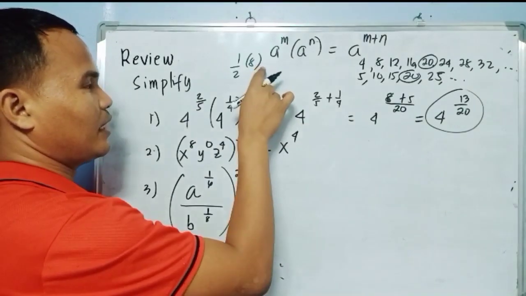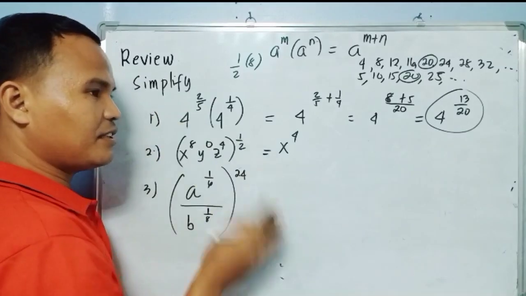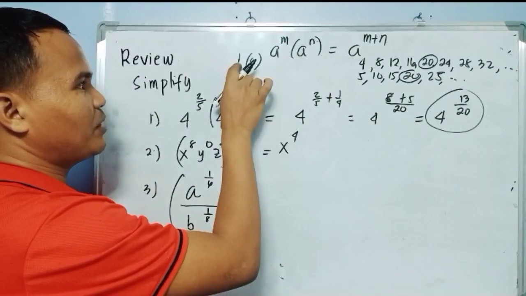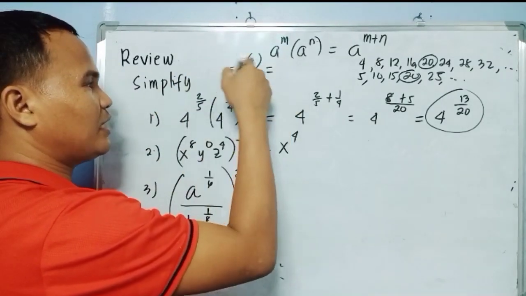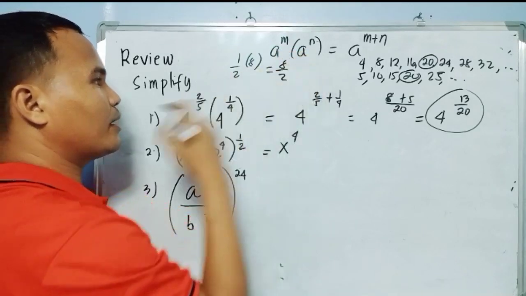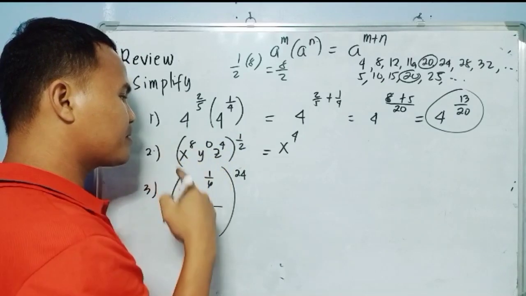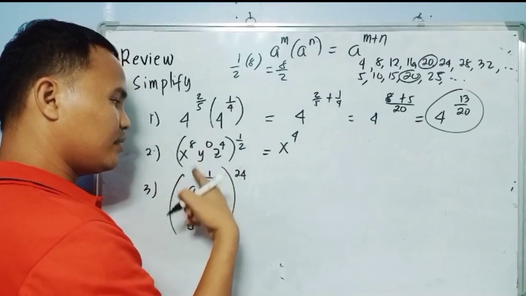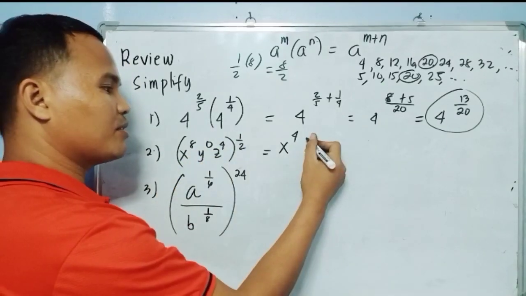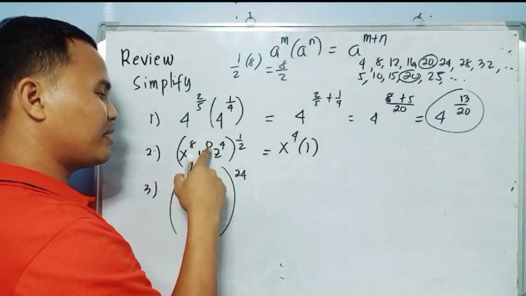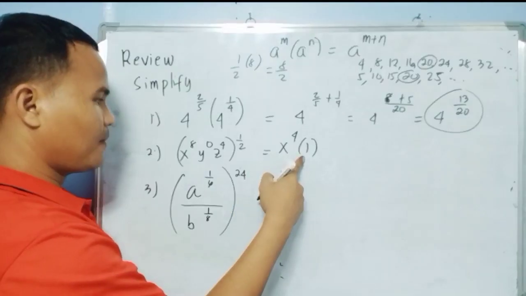If you multiply a fraction and a whole number, multiply the numerator and the whole number: 1 times 8 is 8. Copy the denominator. What is 8 divided by 2? That's 4. Here, 1/2 times 0 is 0, and any number raised to 0 is equal to 1. So y raised to the power of 0 is always 1.